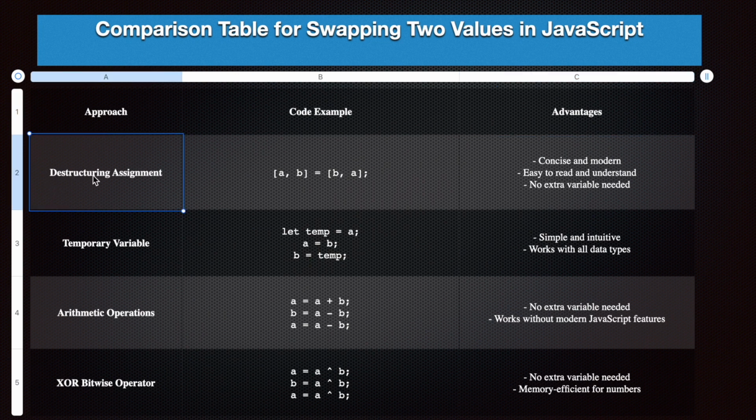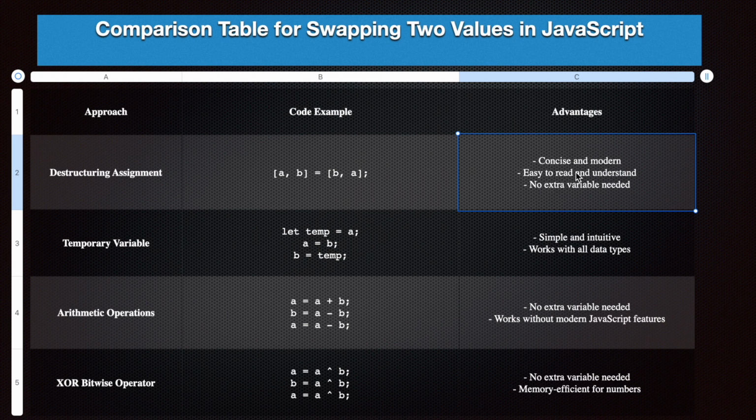For destructuring assignment, one line of code is required. Using a temporary variable, three lines are required. With arithmetic operations, also three lines. With the XOR bitwise operator, also three lines. But compared with destructuring assignment, just one line is required there.